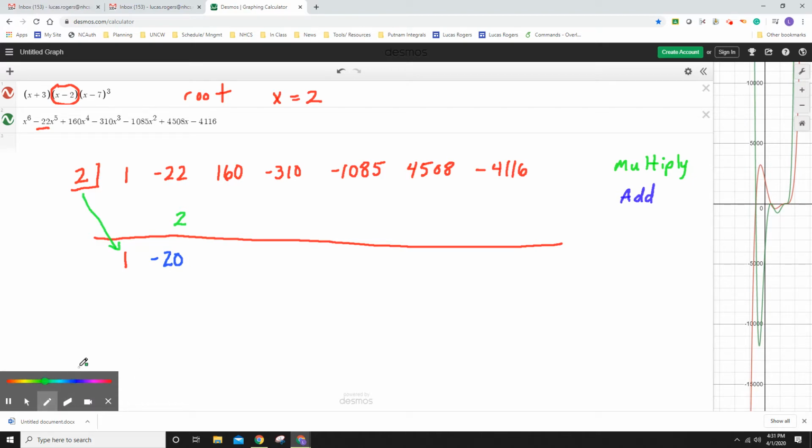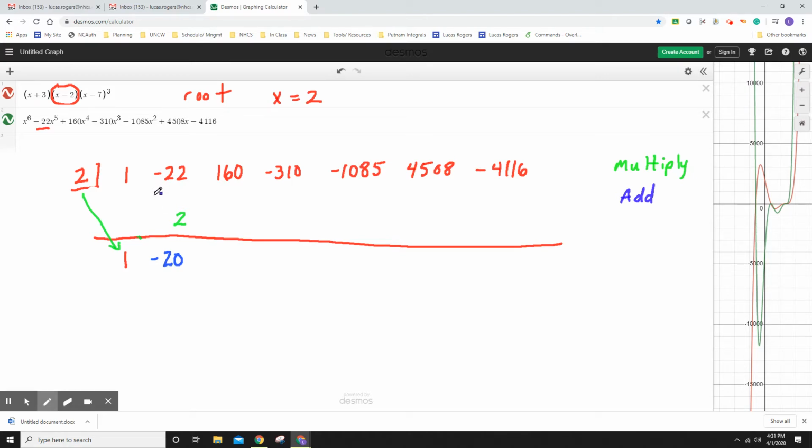And the next part there is going to be, again, a multiplication. So we're going to take 2 times, this time, negative 20. And a lot of the times when we see this drawn out by a teacher, this is what I mean by the zigzag here.